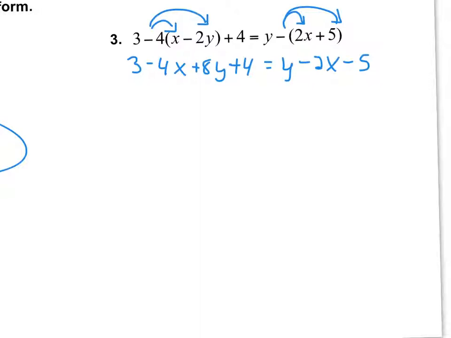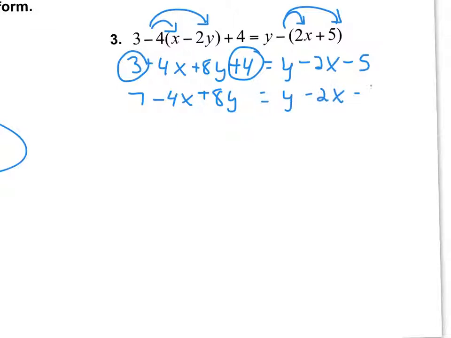And then can I combine like terms on either side? Yes, I can combine the 3 and the 4 to make 7. And that is minus 4x plus 8y equals, and then I'm just bringing this down. And now I need to get the x's onto the right, and the y onto the left. So I'm going to add 4x to both sides because I want to make the x's on the right.